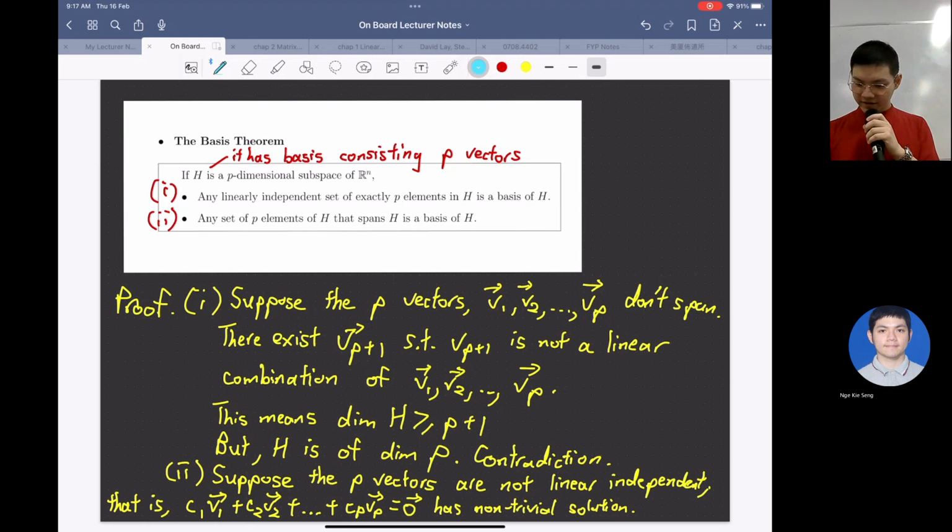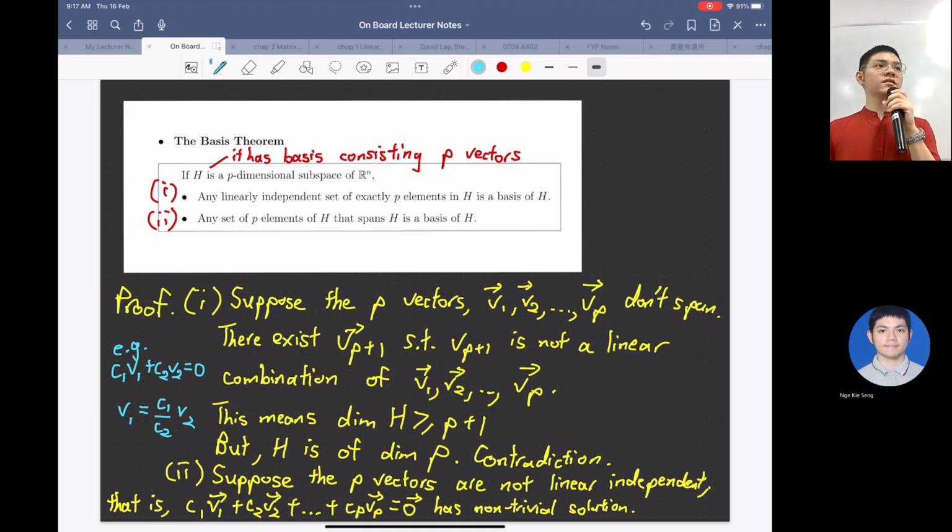For example, c1 v1 plus c2 v2 equals 0. So what do you get? You can write one vector in terms of the others. So what does this mean? They are not linearly independent.